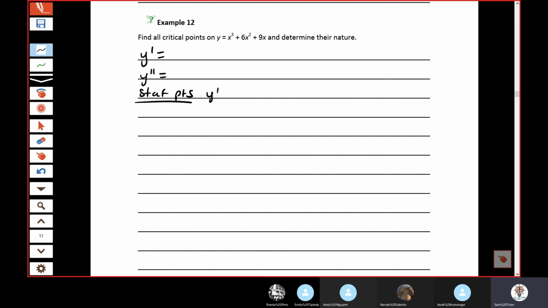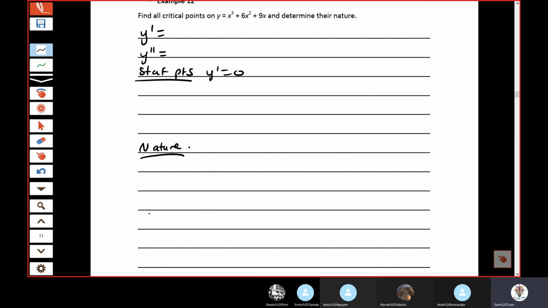So you're going to underline it. You're going to have y dash equals 0. Then after your working out, you should have somewhere here nature. You're going to do whatever technique you want, y dash table or y double dash. The last bit is you're going to do points of inflection. How do we find points of inflection? y double dash equal to 0, and then technically we should be done. We can sketch the curve, and that's your 8 to 10 marks that I was talking about in your HSC.